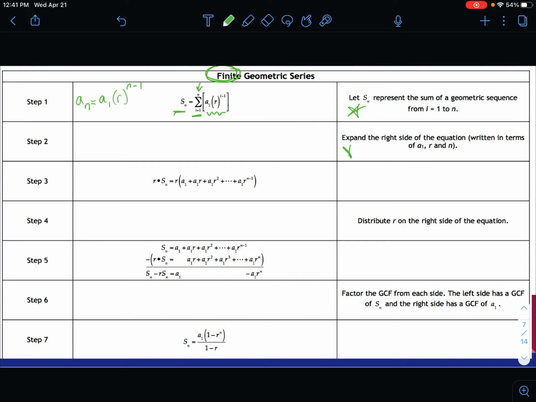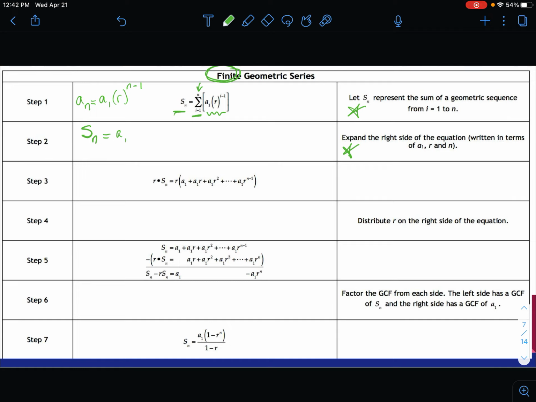Now the next one is talking about expanding the right side. Write it in terms of a sub 1, r, and n. So what we're going to do is say the sum of the first n terms, well, let's think about this. Let's plug in 1.